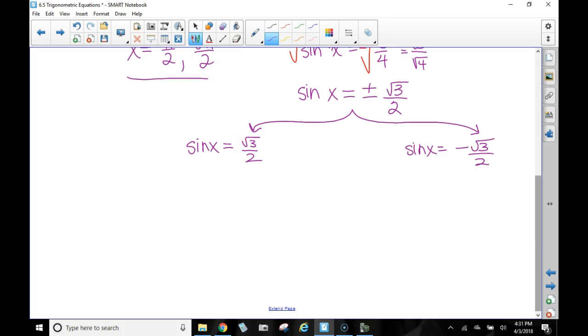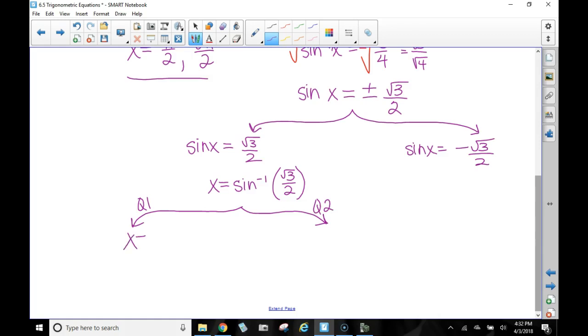Over here on the left side, to solve for x, take the inverse sine of both sides. Now we need to think, what angles have a sine value of positive square root of 3 over 2? Well, we know sine is going to be positive in quadrants 1 and 2.